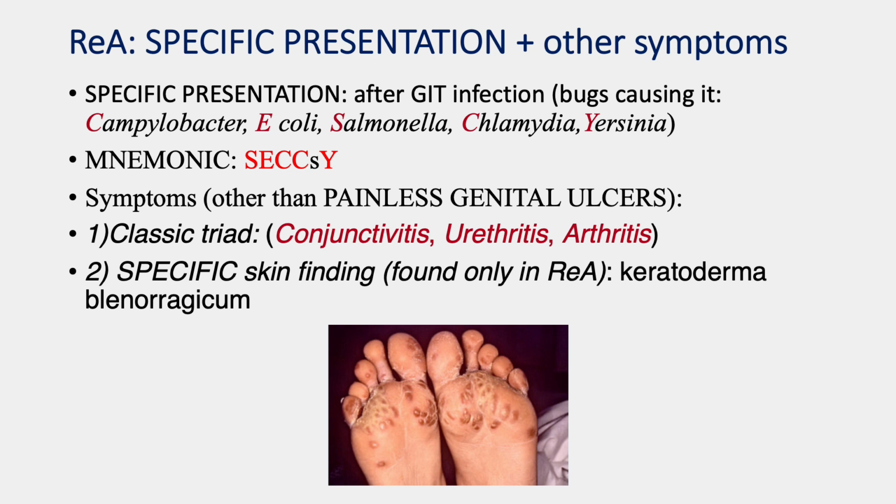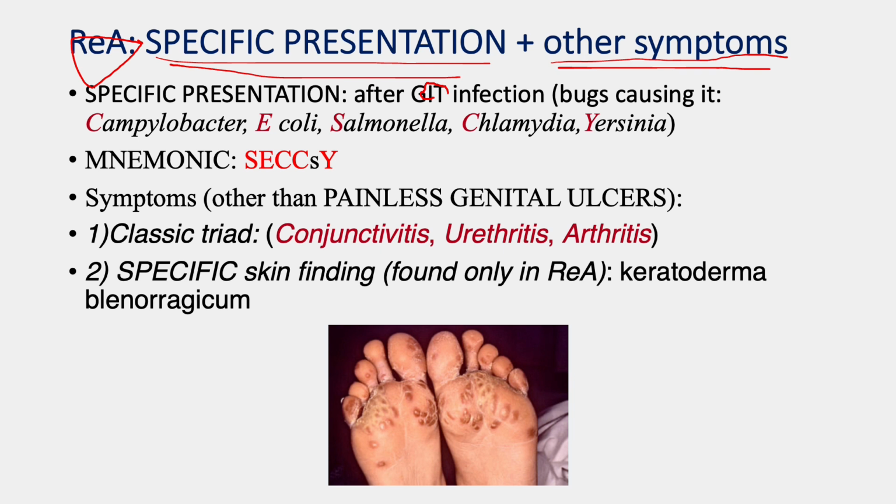So the last possible cause of painless genital ulcer is reactive arthritis. For reactive arthritis, the differential diagnosis compared to the other microorganisms is fairly simple. That's because there are other types of symptoms associated with the painless genital ulcer, and there is a specific presentation. By specific presentation, I mean there is a gastrointestinal infection, caused by potential bugs like Campylobacter, E. coli, Salmonella, Chlamydia, or Yersinia.